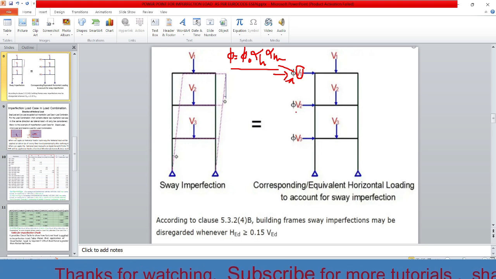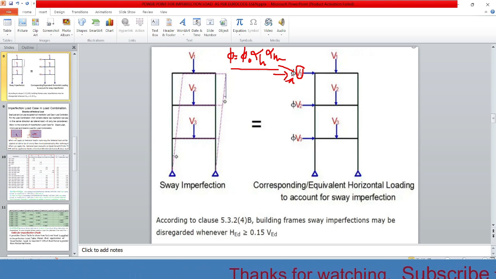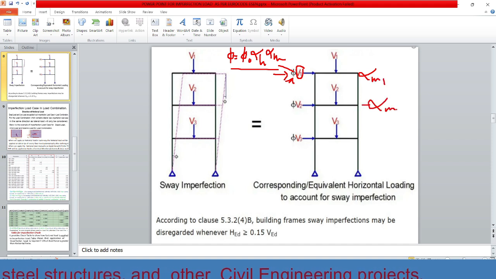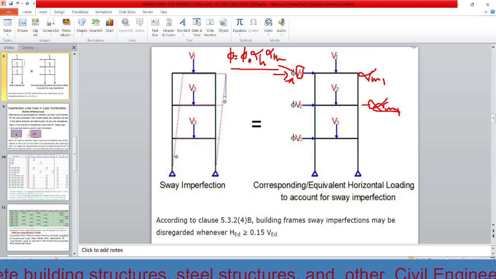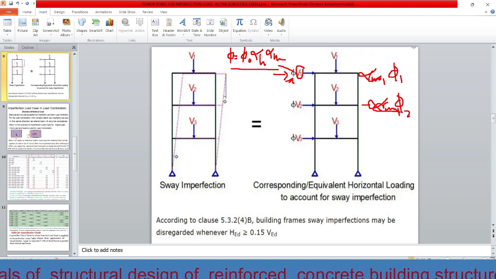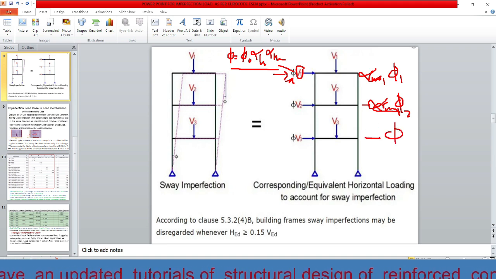So we can calculate alpha m for every story. That is, for this, it will be phi1, and for this, it is phi2, and for this, it is phi3.